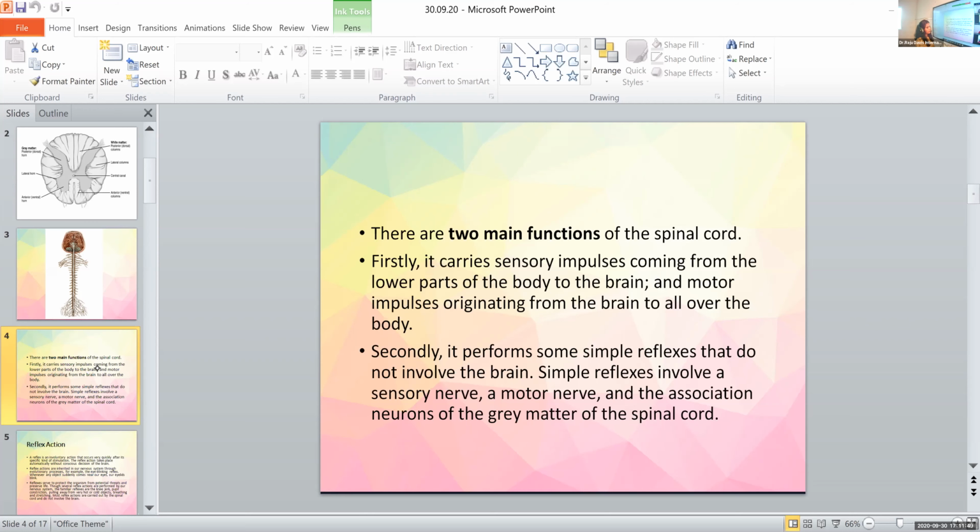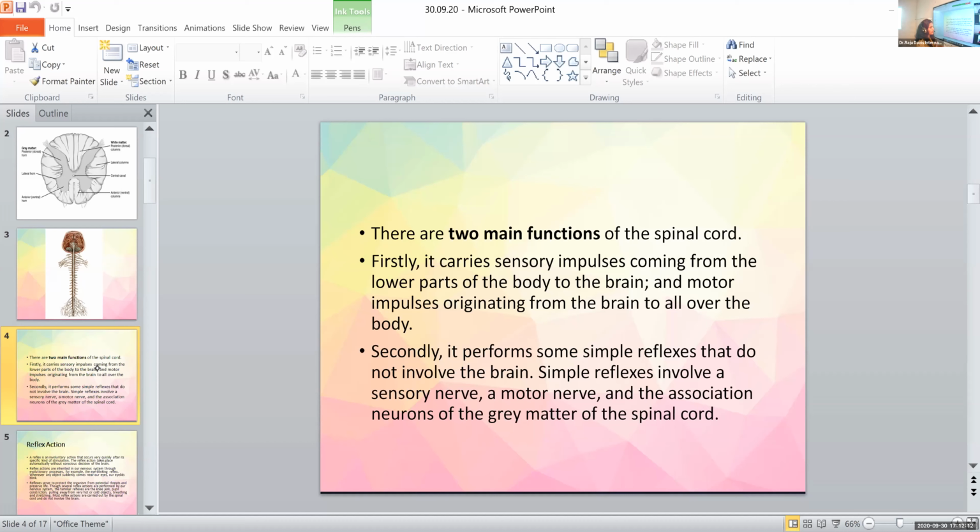If this information from our legs has to be carried through the rest of the parts of the body, reach the brain, be processed, and then finally the information has to again pass through all these pathways and go back to the leg, and then reach the muscles in the leg for us to pull our legs back, right?